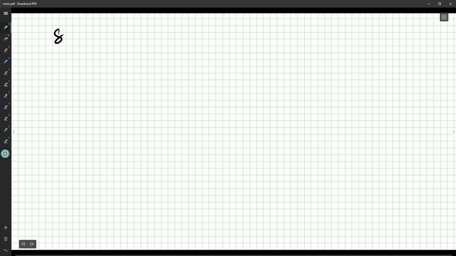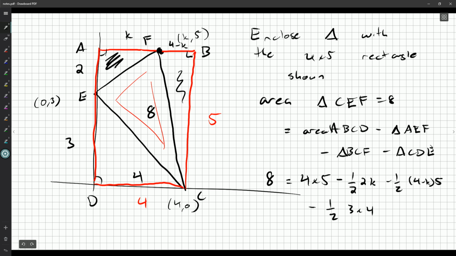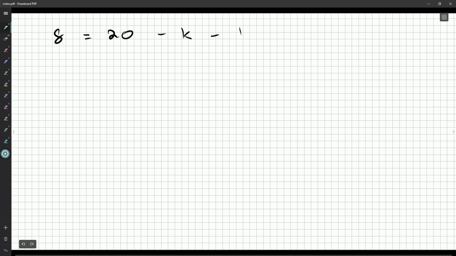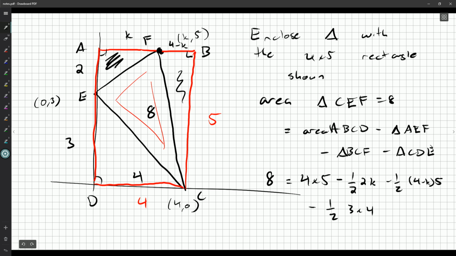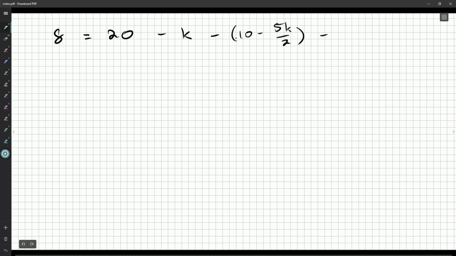So 8 is 20 minus 2 times K times a half should just be K, minus 5/2 times 4 minus K. I'm going to write that as 10 minus 5K over 2, right? Yes. And then minus 6.